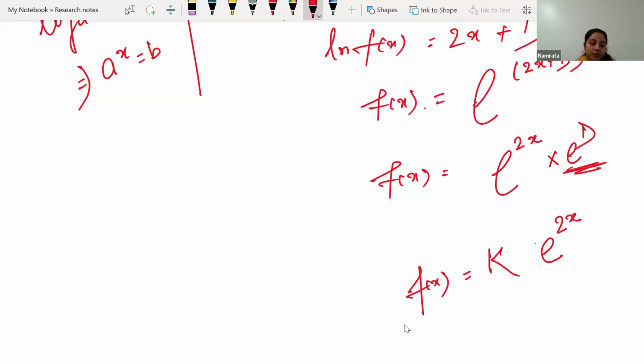Now we have to find f of 1, no? f of 1 we have to find. That means x is 1. When x is 1, then f of 1 is k e squared. Let's see what.